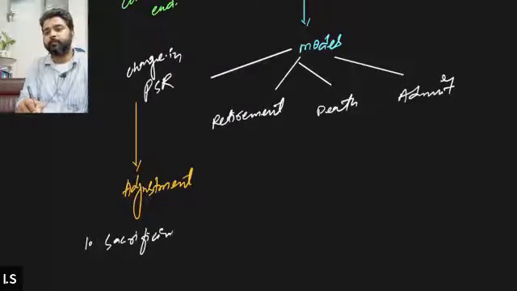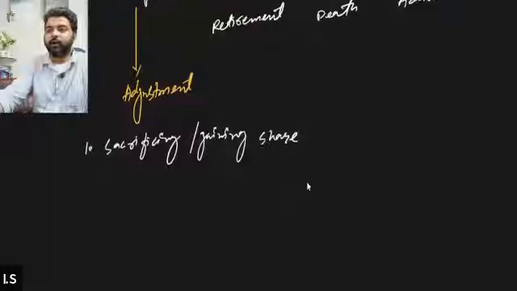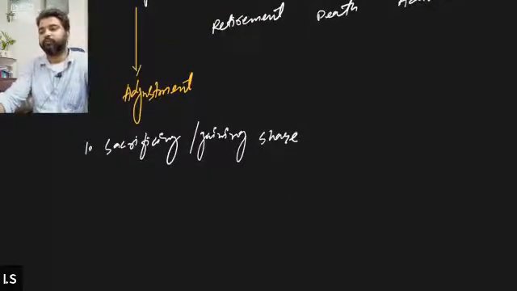We have to determine the sacrificing and the gaining share of the partners. This is the first adjustment that we need to make. After that, there are other adjustments like the treatment of the goodwill, the treatment of the revaluation of the asset, and the treatment of the accumulated profit, the reserves and the losses as well. But first thing is to determine the sacrificing and the gaining ratio of the partners.